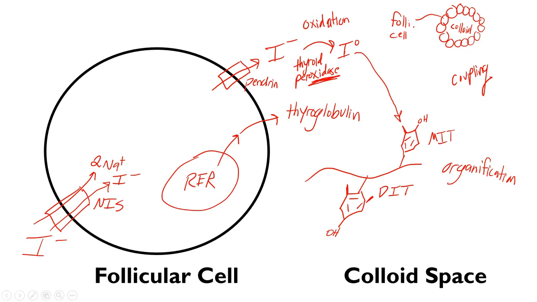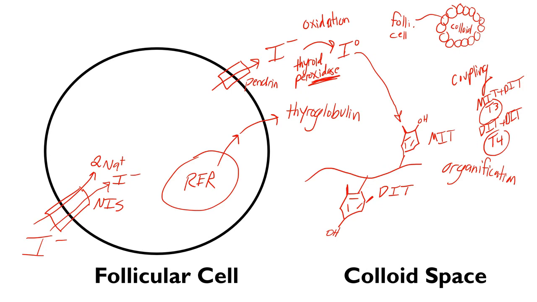Then they couple together, and the coupling happens as either MIT plus DIT or DIT plus DIT. And this MIT plus DIT forms T3, and this DIT plus DIT forms T4.